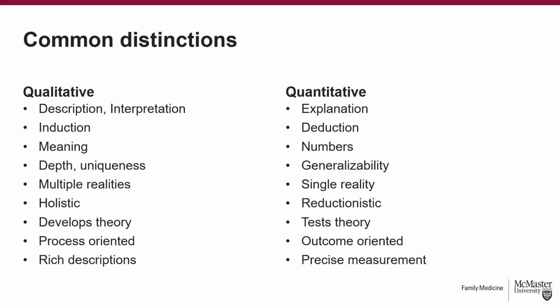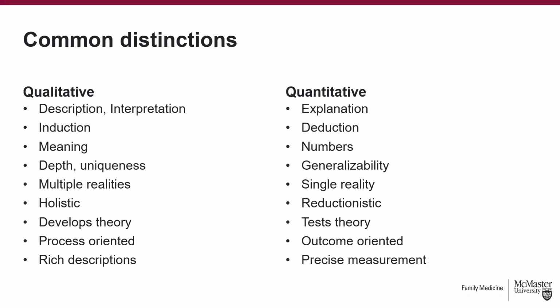In terms of data, we're striving for depth and uniqueness rather than generalizability. Philosophically, we believe in the existence of multiple ways of seeing the truth or understanding the world rather than just one single way. We tend to address problems or whatever we're studying in a holistic rather than a reductionistic way.